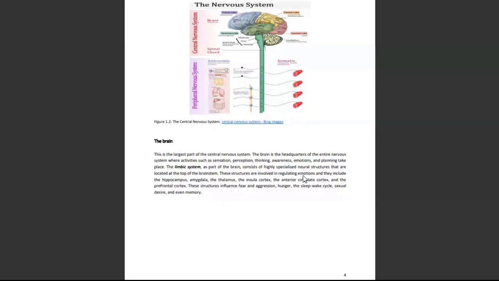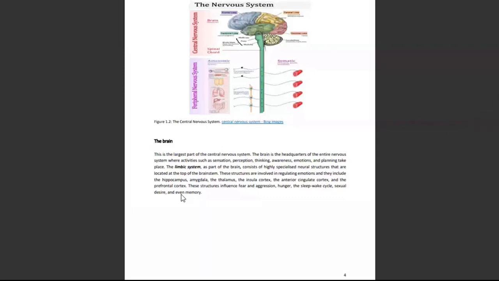These structures include the hippocampus, amygdala, the thalamus, the insular cortex, as well as others.